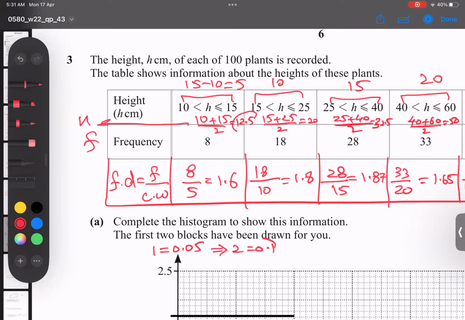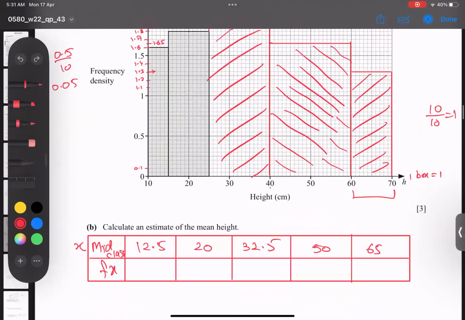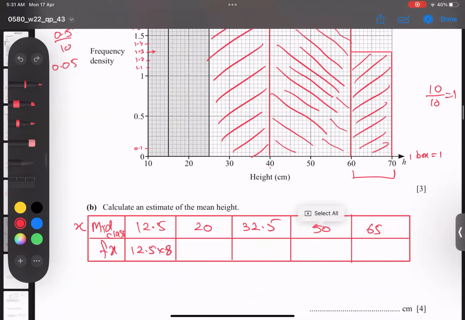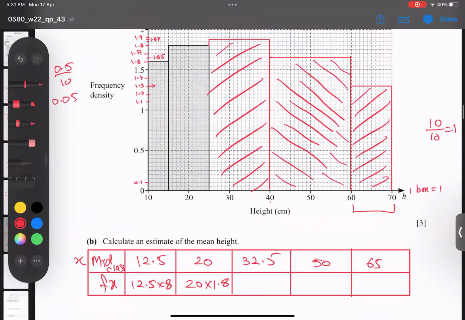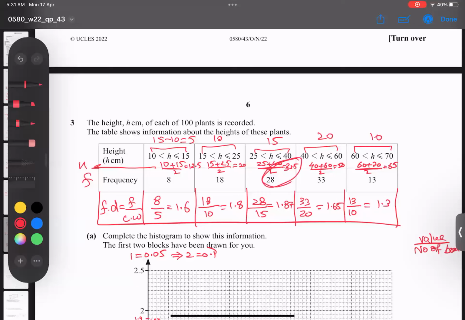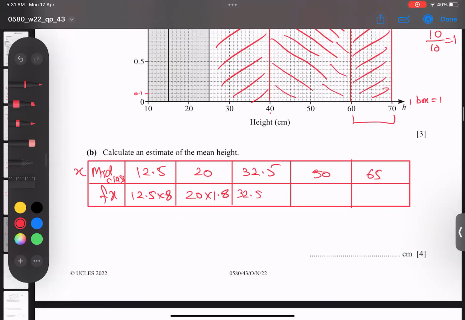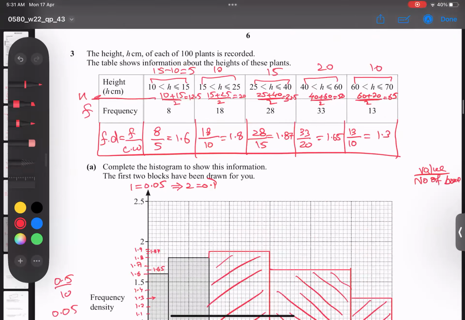So for fx, this number and this multiply, this number and this multiply, and this number and this multiply. I can do it directly, 12.5 times 8. Second, 20 times 16, sorry, 18. I'm showing it in a deep way, like a basic technique, so you can also understand. 32.5 into 28. Let me check, maybe I made some mistake.